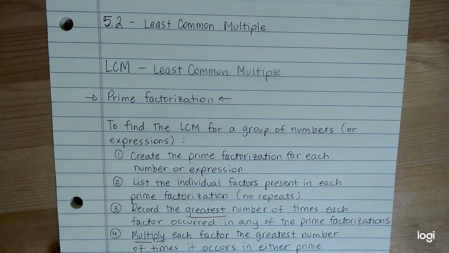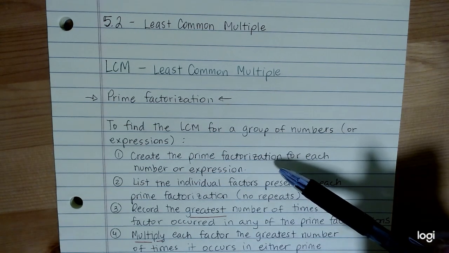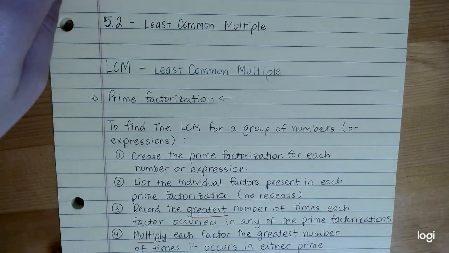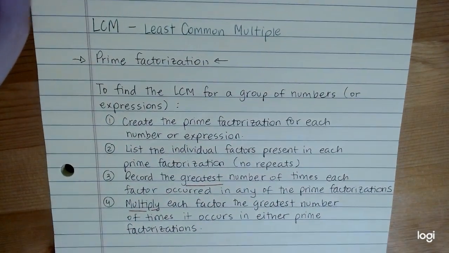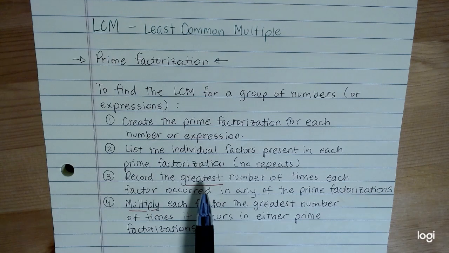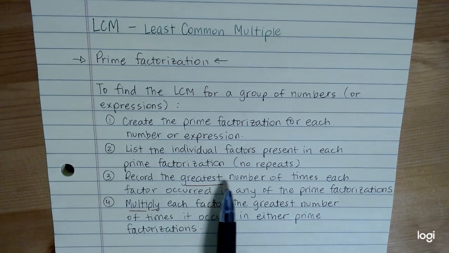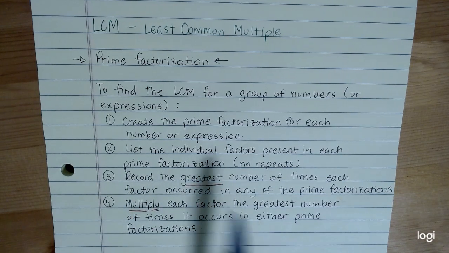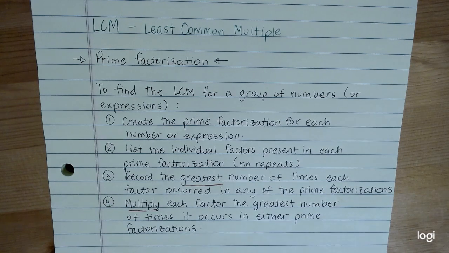But with the least common multiple, we're going the other direction. So we still create that prime factorization, but this time, any factor that's present in the prime factorization is going to be part of our least common multiple, and we will record the greatest number of times that that factor occurs, and then we multiply all those together. So we're going to stop here, and in the next video we'll get an actual example.